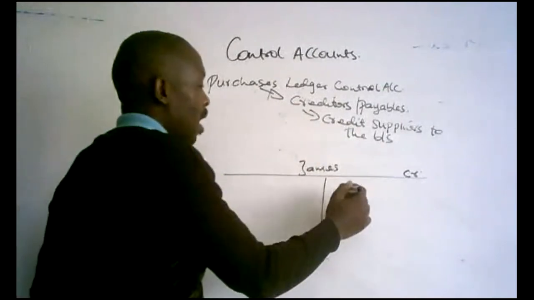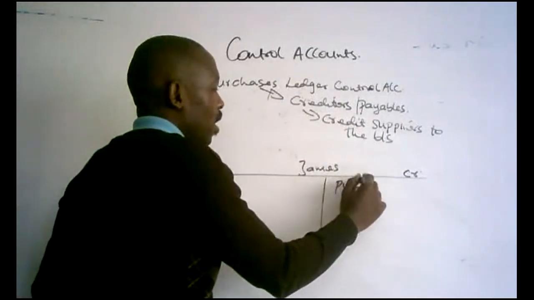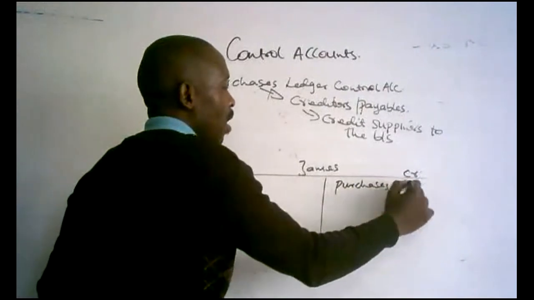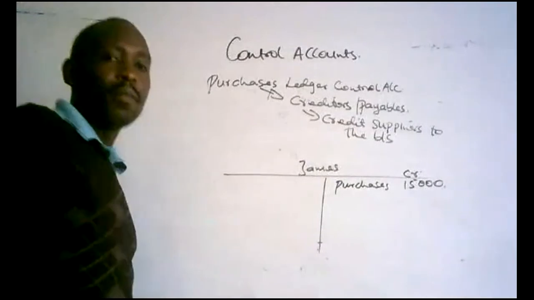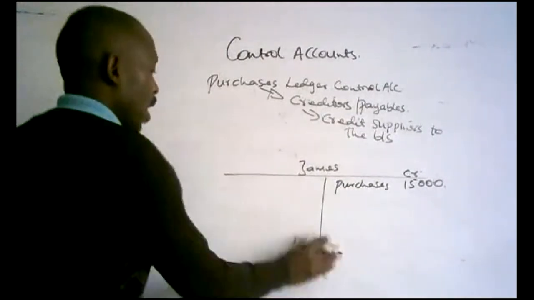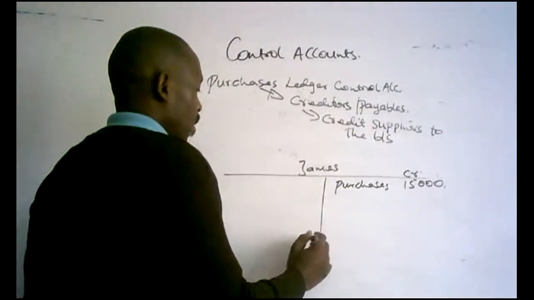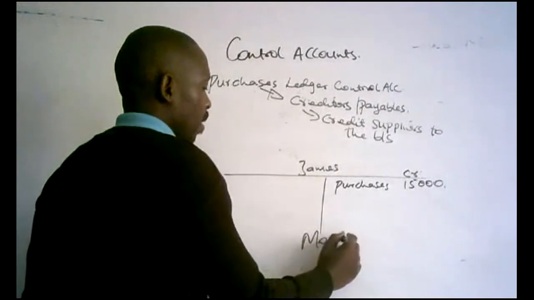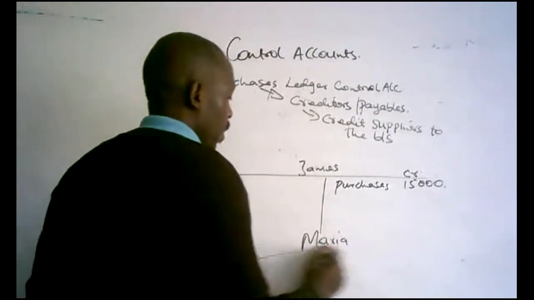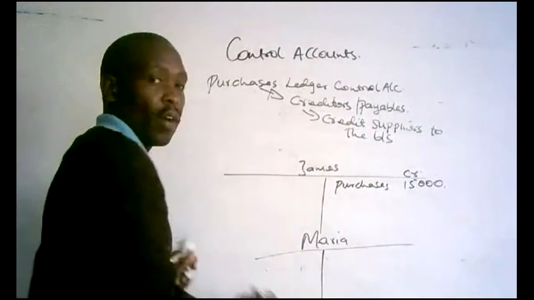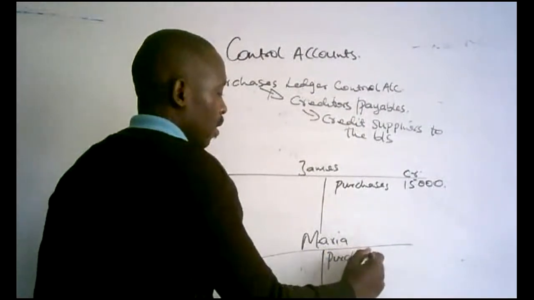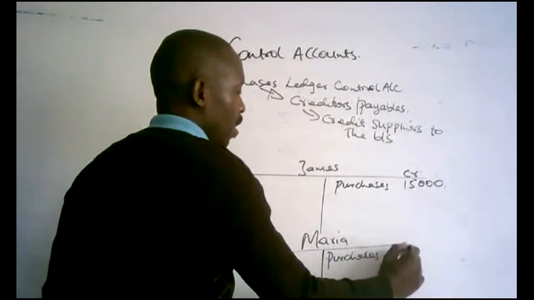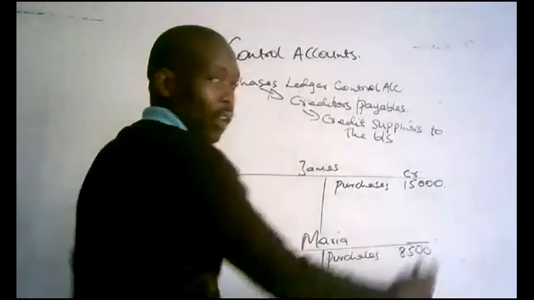So we come here and we credit, and we write the name purchases here, and maybe we have purchased goods of 15,000 from James. On another date, we purchase goods from another supplier, Maria, and we credit the account for Maria by purchases, maybe 8,500.